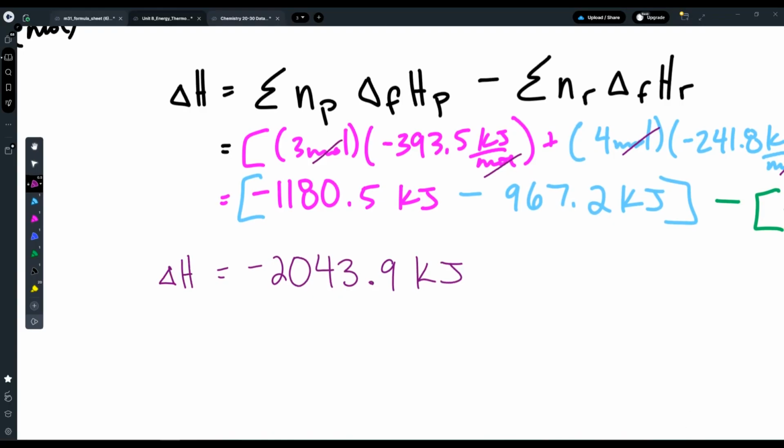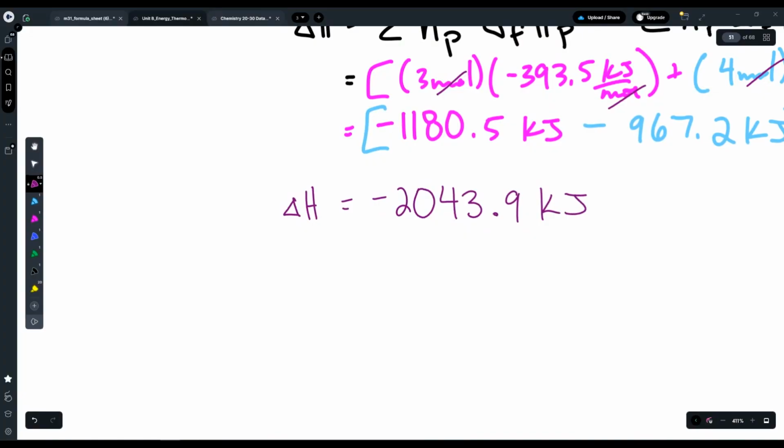Okay, so now that we have change in enthalpy, now I need to find change in molar enthalpy.